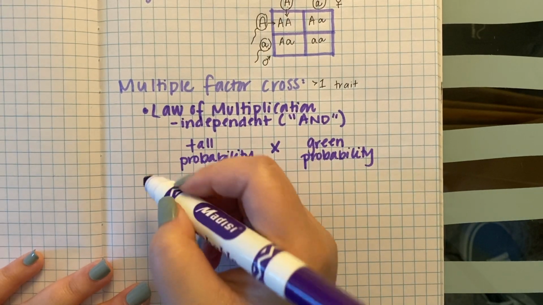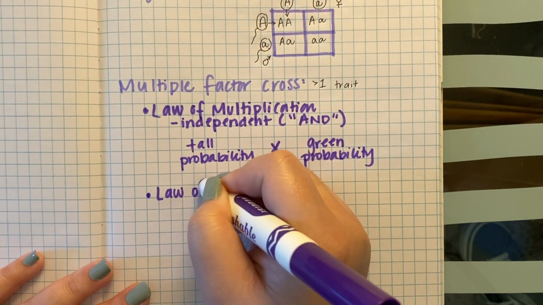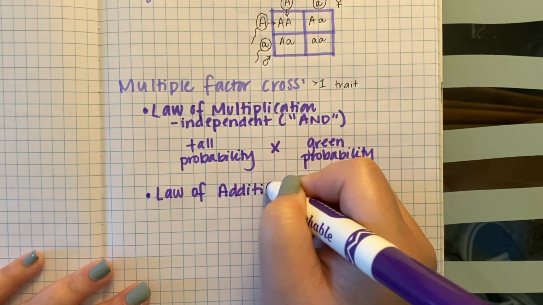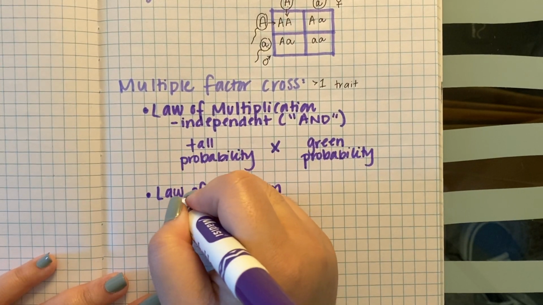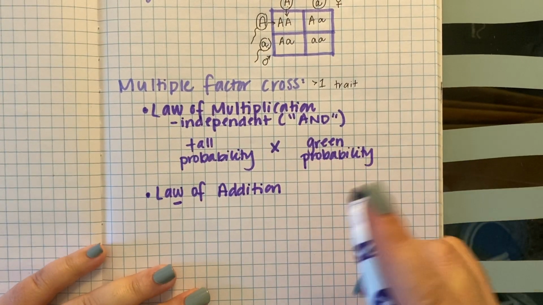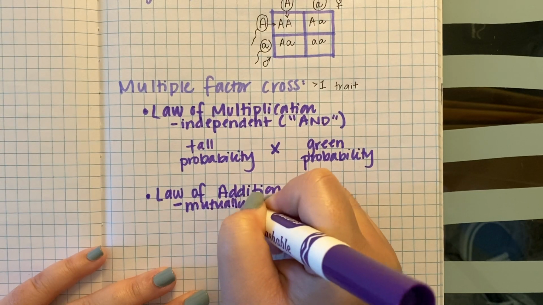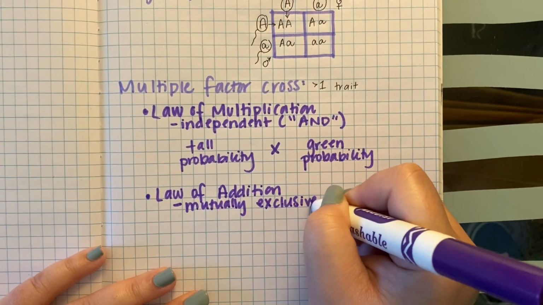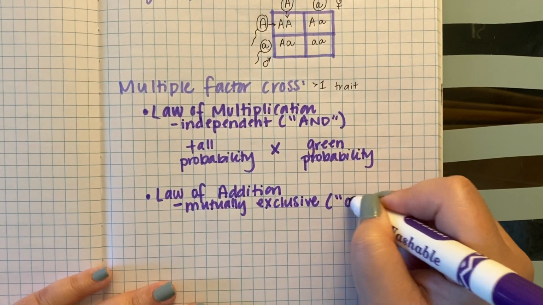The second law, which doesn't actually come up much in genetics problems, is the law of addition. So you only use the law of addition if the two traits you're looking at are mutually exclusive. Okay, and the word you're going to see here is the word "or."